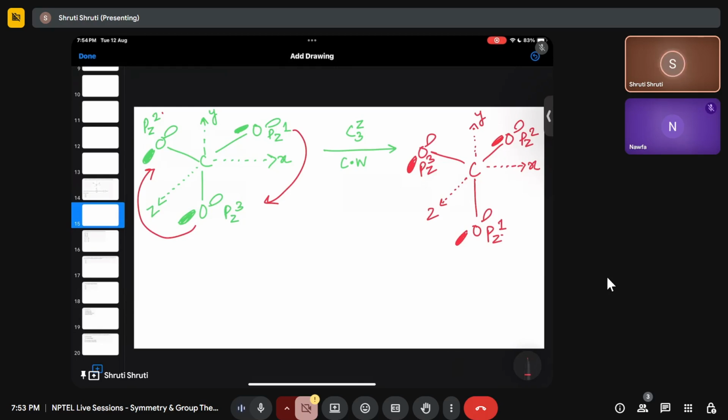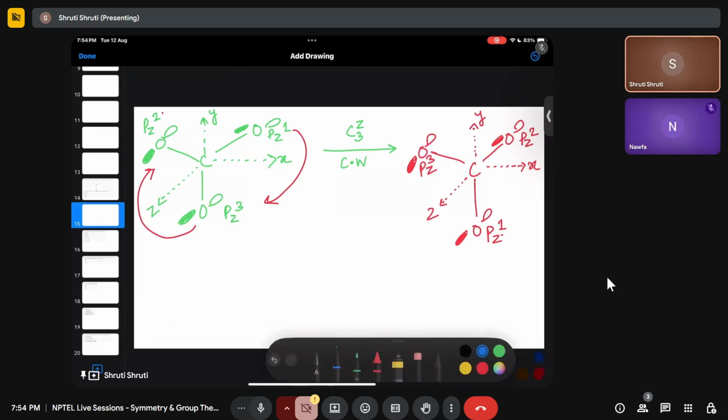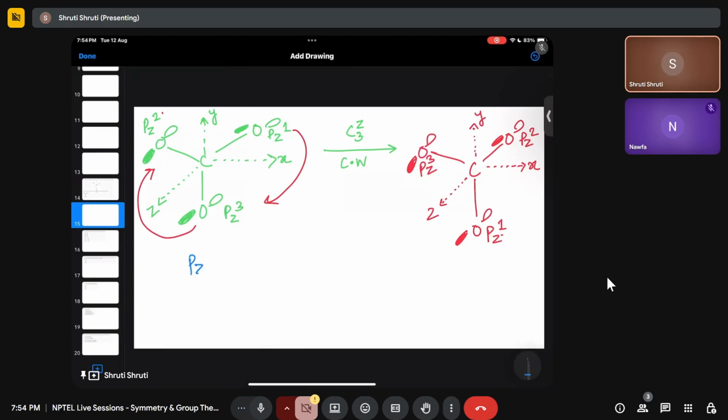So it has changed in a cyclic manner. See, pz1 has become 2, 1 has become 2, this one. Okay. 2 has become 3, and 3 has become 1.